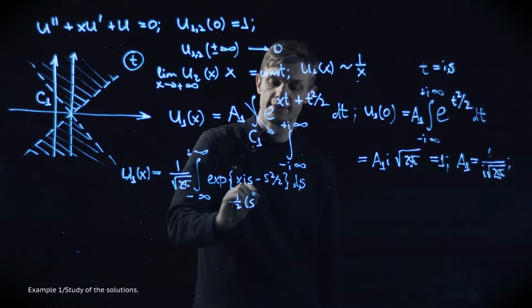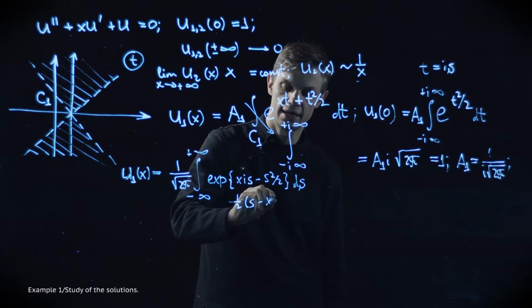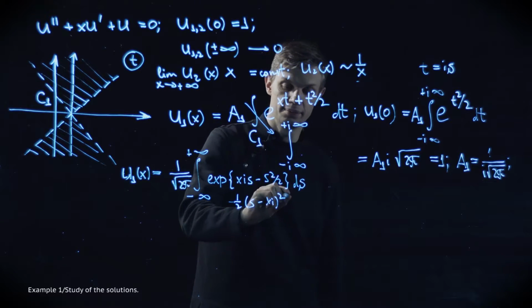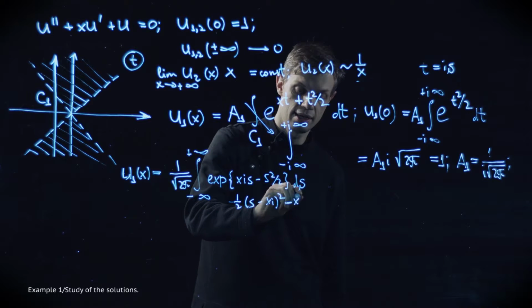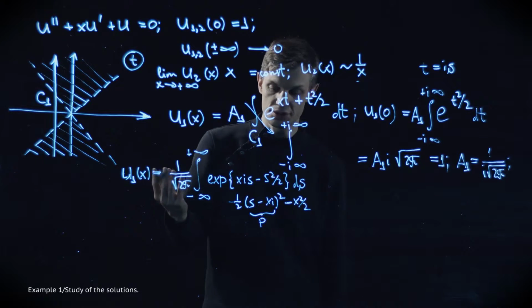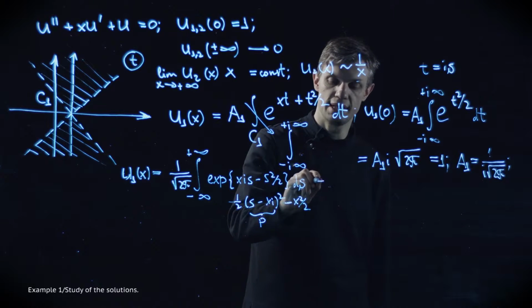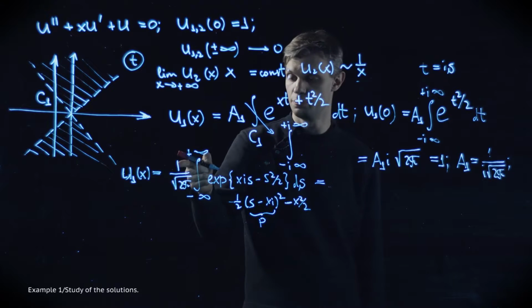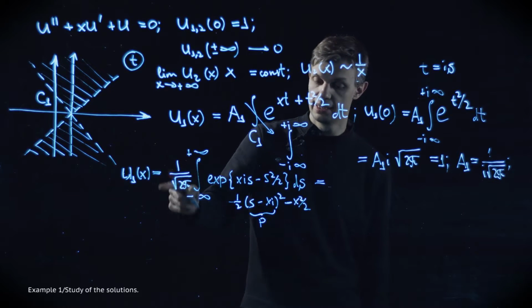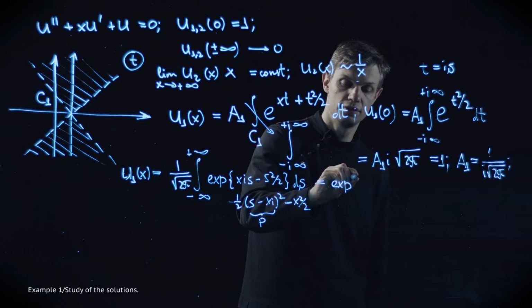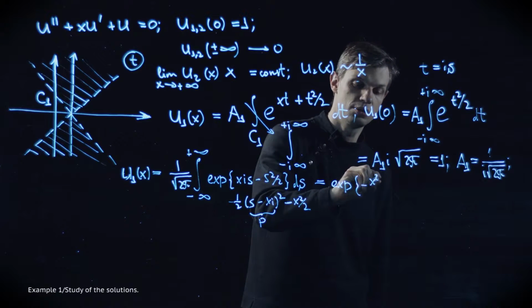So it's going to be s minus xi squared. So we complete the square. It's minus 1, and minus x squared over 2. So if we make another change, s minus xi is equal to p, then we have another Gaussian integral, and it will give the same kind of result. It's going to be equal to square root of 2 pi. So it will cancel this square root of 2 pi, and the result will be the exponential function of minus x squared over 2.